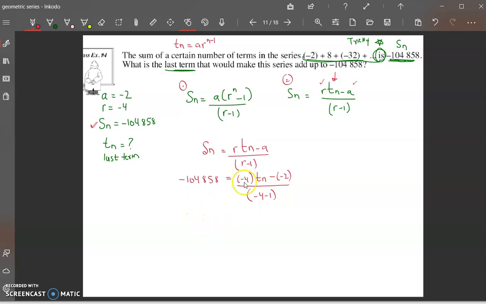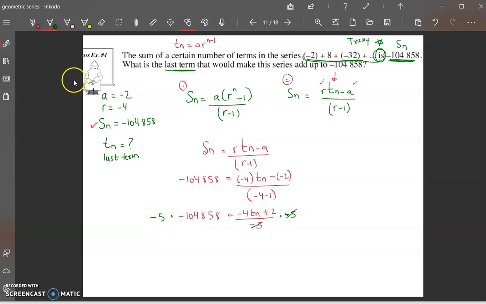So I'm going to try simplifying each side as much as I can. So this gives me (-4Tn + 2), everything divided by -5. Okay. So the first thing I'm going to do is now get rid of this -5 by multiplying each side by -5.